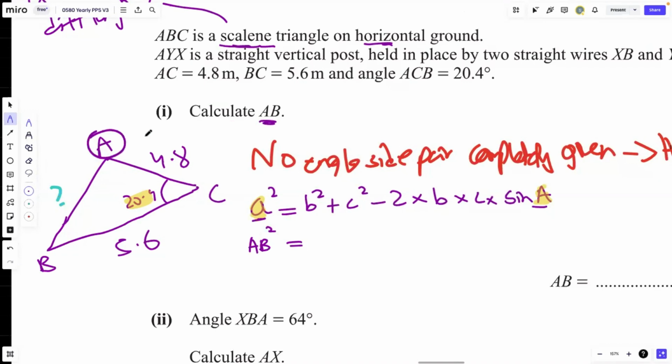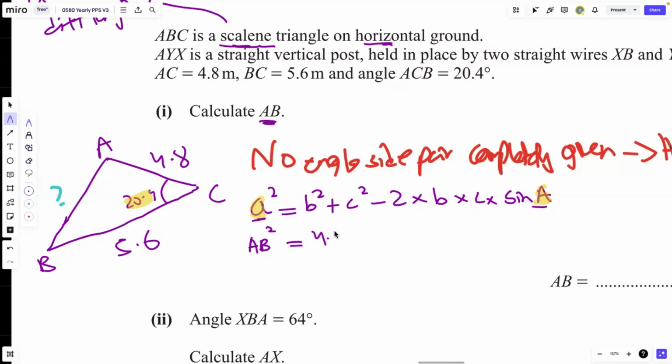Do not confuse it with these letters here, because those are just labeled in the question. This formula is the general formula that we use, so do not get confused with the letters. Just have the concept strong that the angle has to be corresponding to the side that you're finding out, or vice versa. Anyways, so this is going to be AB squared.